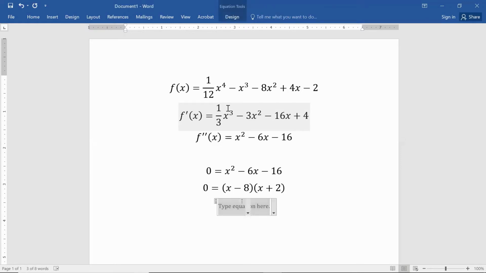The zero factor property says that either x minus 8 is 0 or x plus 2 is 0, which gives us 2 points, one of which is x equals 8 and the other is x equals -2.